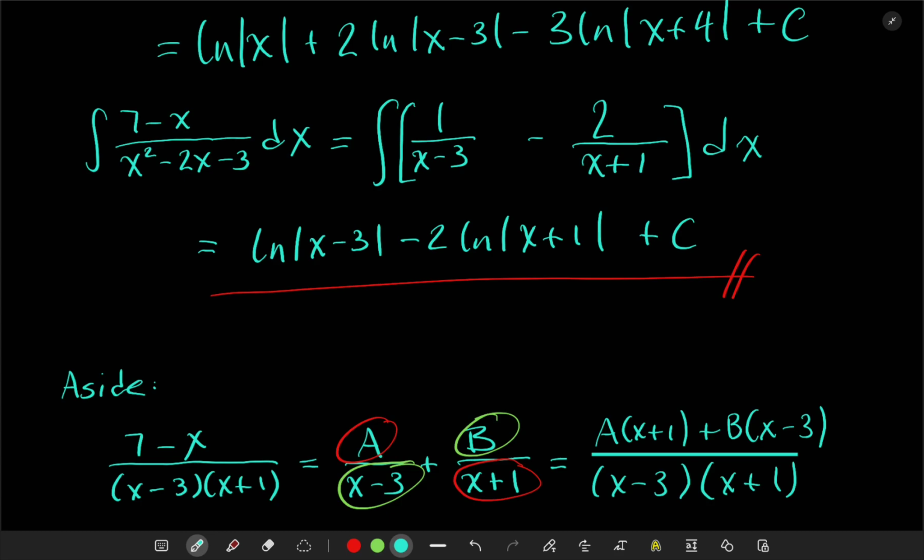So that's why I presented 3 of them, and you choose which one you like. Now, I'm going to only be addressing linear, non-repeated factors in the denominator in this video. Then in the next video, I'm going to address quadratic, and I'm also going to address repeated factors, so we can talk about them. Alright, so let's go ahead and write another one of these.